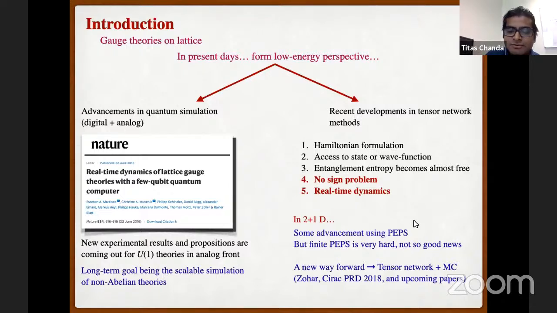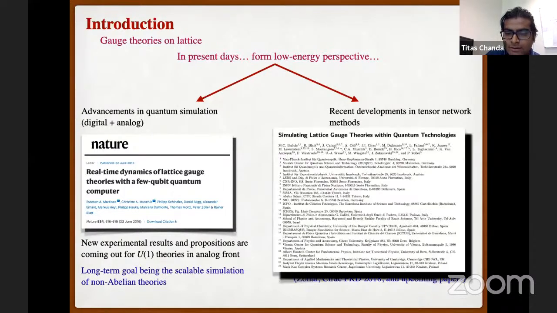So probably in the near future, we can do lattice gauge theory problems using PEPS in 2+1 dimension, and probably very soon also in 3+1 dimension. There is another way forward, that is we take the best of both worlds: we do Monte Carlo using tensor networks. All of these numerical results are also described in this recent review, if anyone is interested.